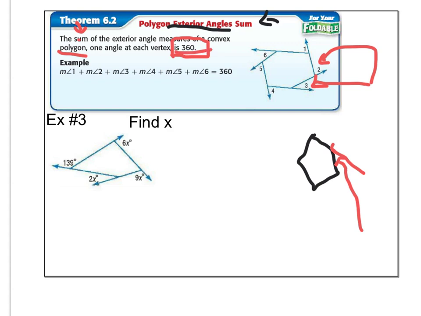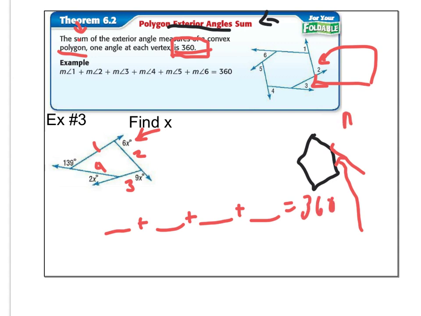So for this one, this has 1, 2, 3, 4 sides, so this is a quadrilateral. I've extended all the sides to make these exterior angles. When you add all 4 of those, you're always going to get 360. The insides depend on this formula, but the outside angles are always 360.